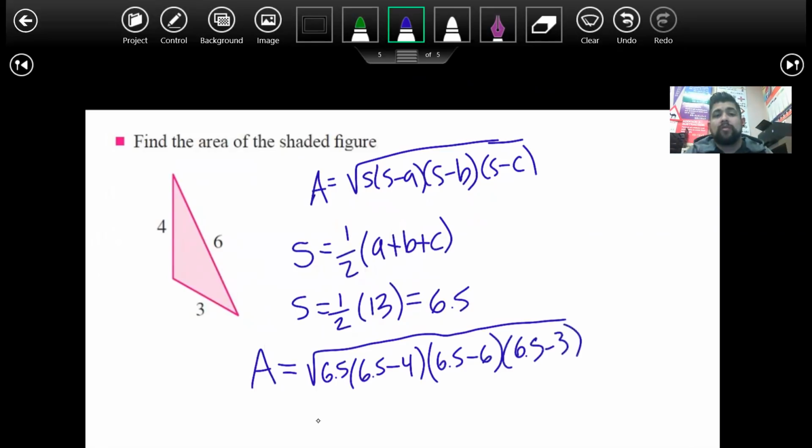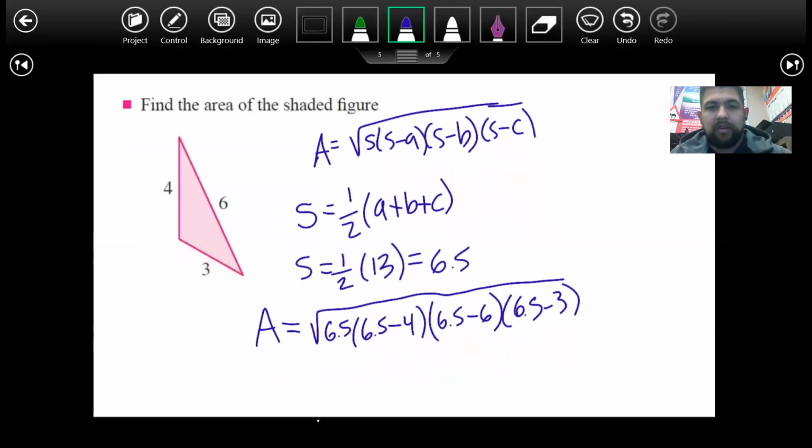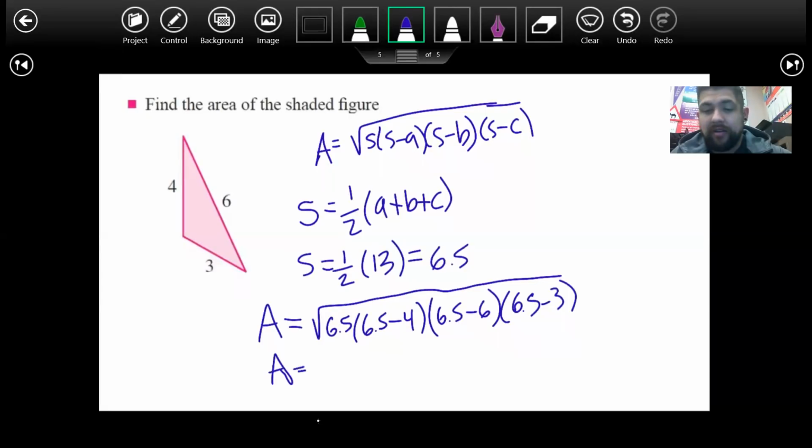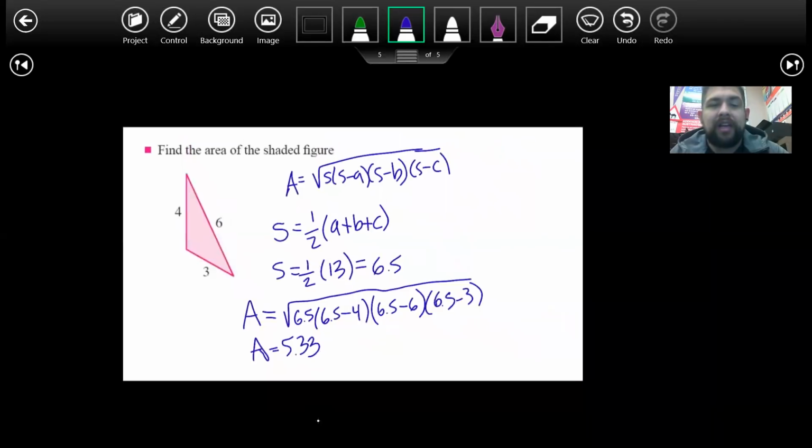So again, you can plug all of this directly into your formula. I want to make sure again that this is correct. When you plug this into your calculator, we get area equal to 5.33. So again, it's as simple as plugging in your values. And that's it. That's how you apply Heron's formula.